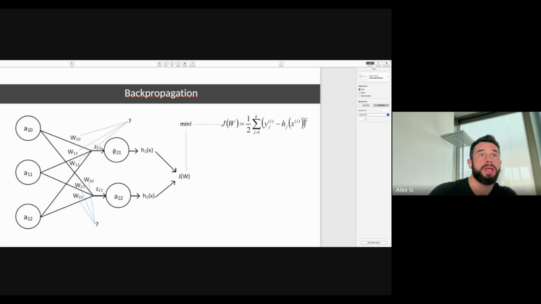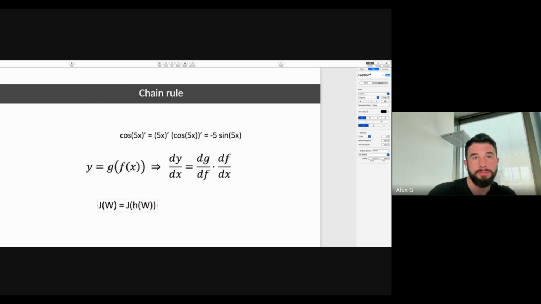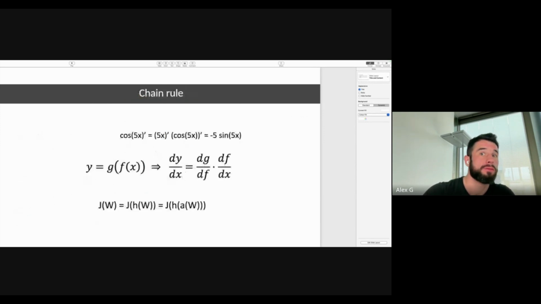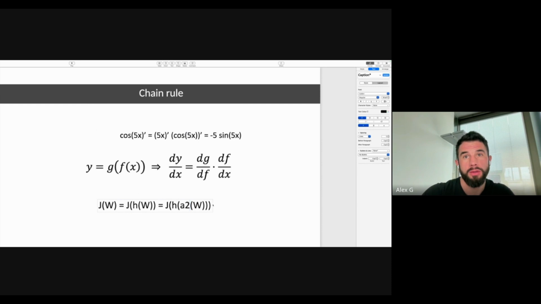H is a function of A, A over the second layer, A2, and then all of that is a function of A1 from W. That's it. Function number 1, number 2, number 3, number 4.